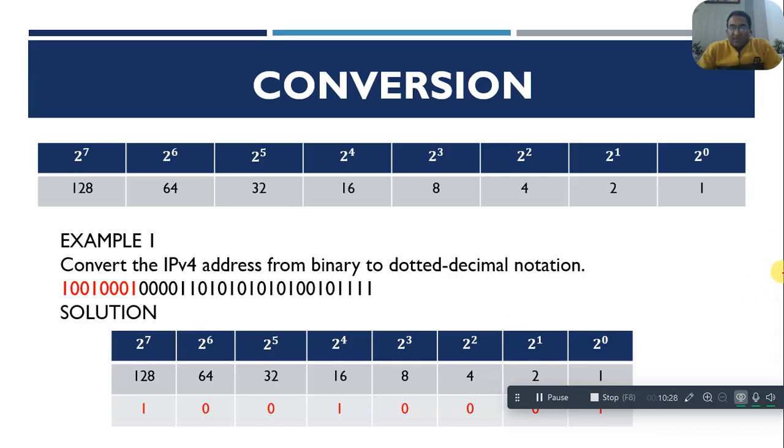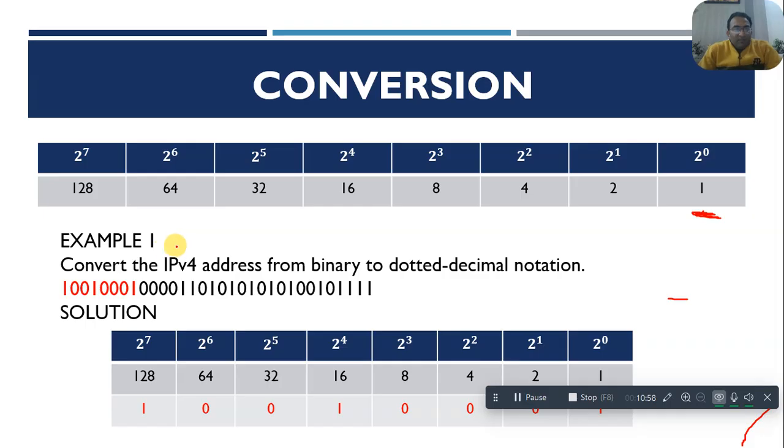So this particular bit has 2 to the power 0, this has 2 to the power 1, 2 to the power 2, 2 to the power 3, 4, 5, 6 and 7. So 2 to the power 0 is 1, 2 to the power 1 is 2, 2 to the power 2 is 4, 2 to the power 3 is 8, 2 to the power 4 is 16, 2 to the power 5 is 32, 2 to the power 6 is 64, and 2 to the power 7 is 128.